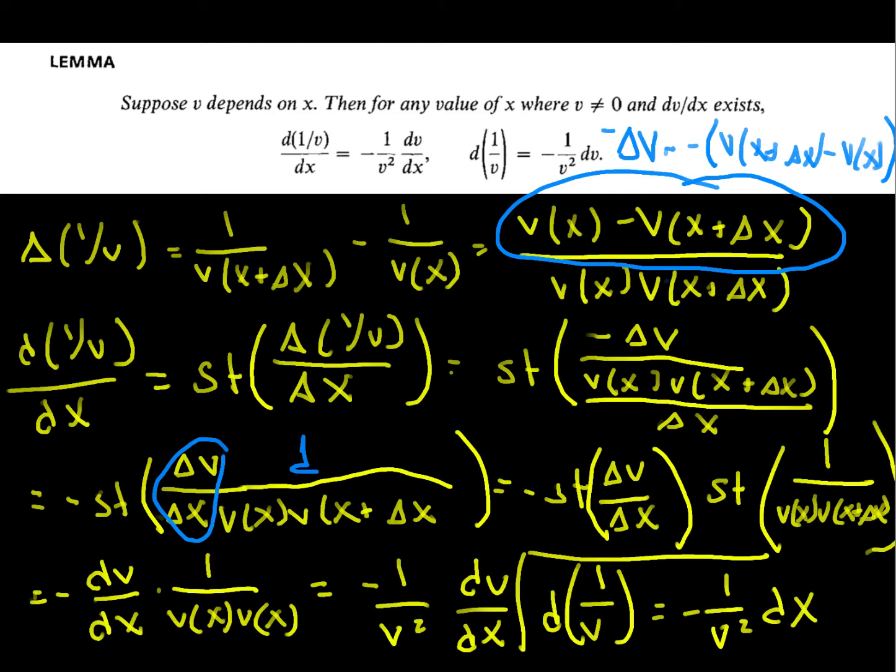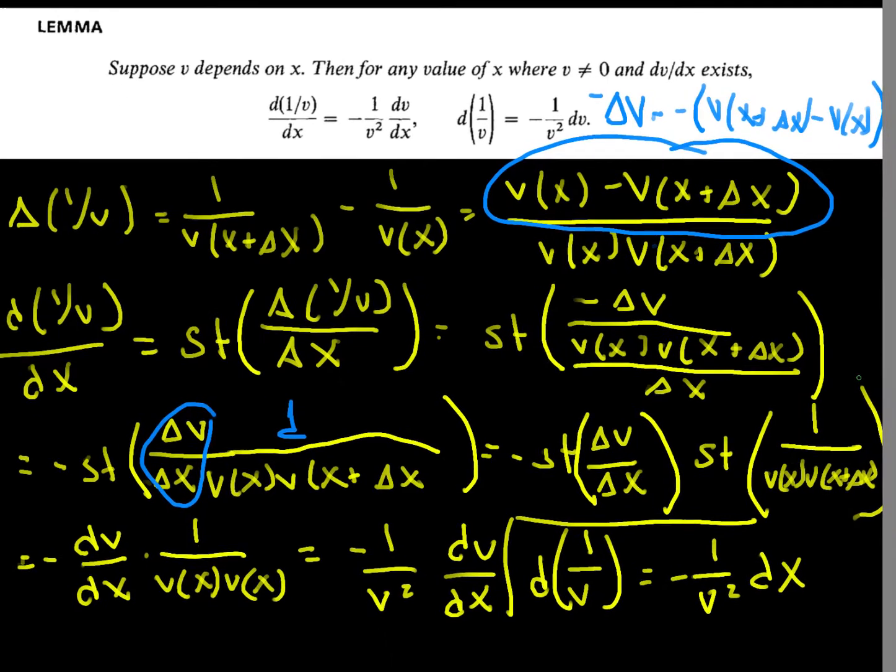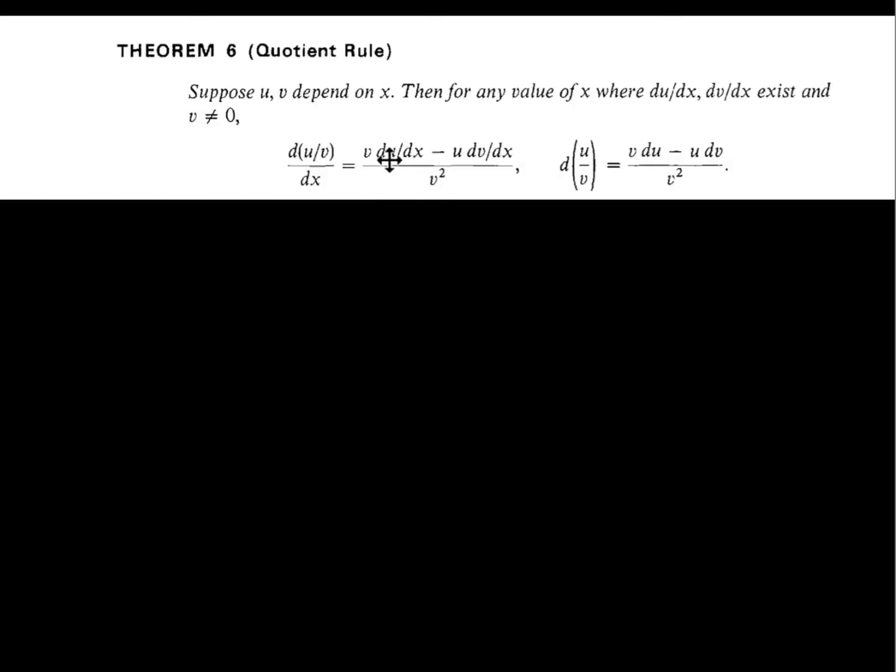So we'll use this now to establish our quotient rule. So let's get some room. For the quotient rule, now we're looking at not just 1 over v, but we could have some arbitrary function u in the numerator.